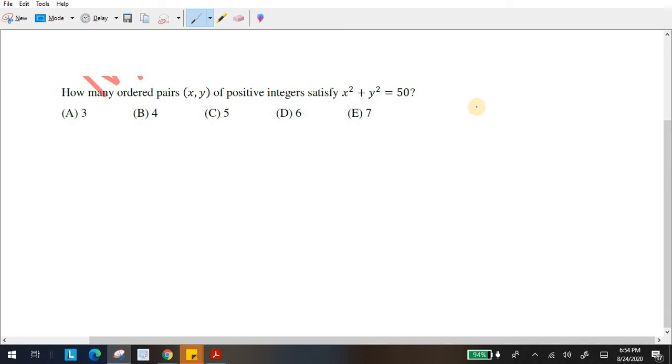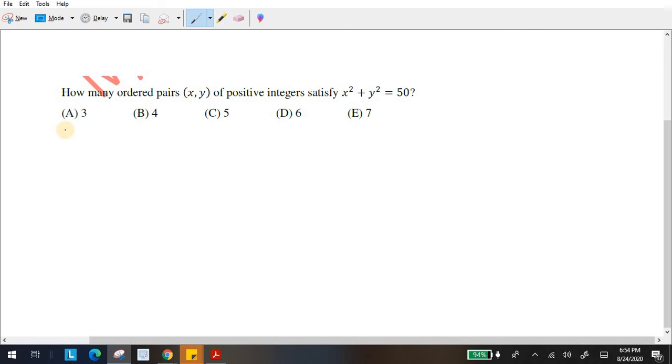How many ordered pairs? Oh, I'm dumb. So there's 2 pairs. There is 25 and 25.